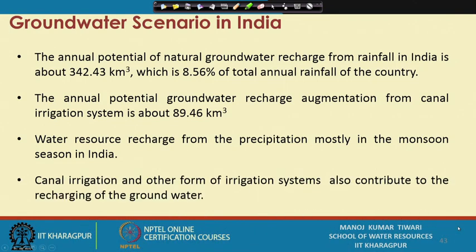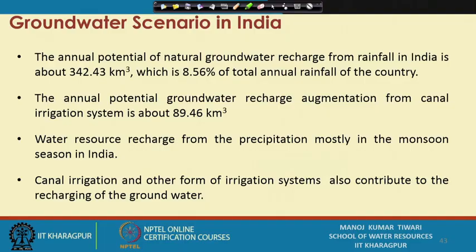The annual potential of recharge augmentation from canal irrigation systems, because we have a large canal network, at least some states in India have a very good canal network, is of the order of 90 cubic kilometers. Water recharge from precipitation is mostly in the monsoon period, because we get over 70%, in fact around 90% of the rainfall in the four-month monsoon period, of which 70% is primarily contributed from July to September.